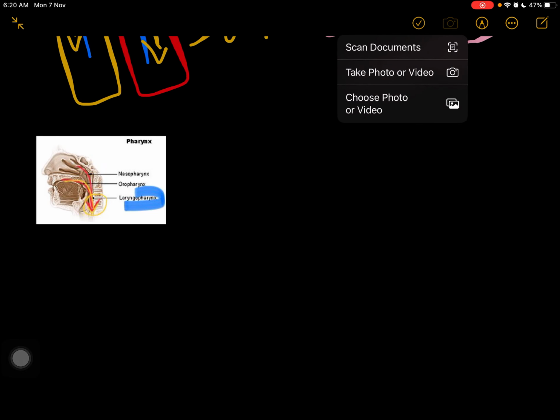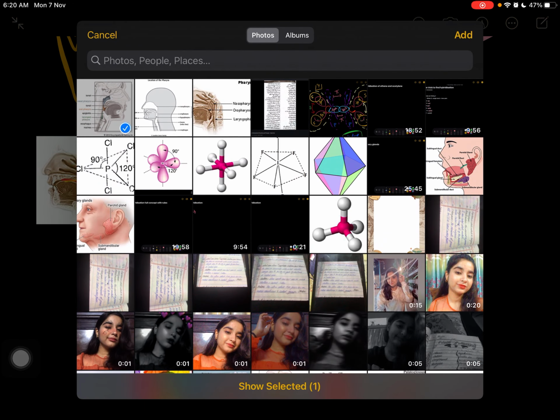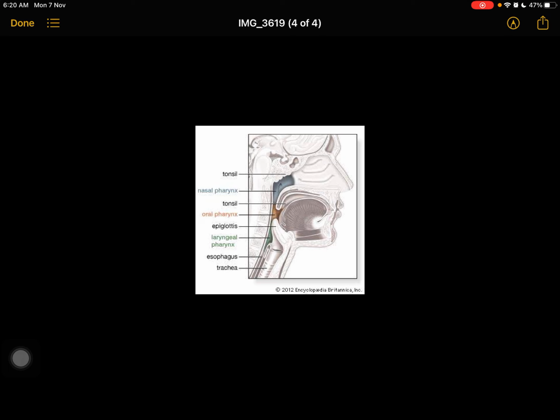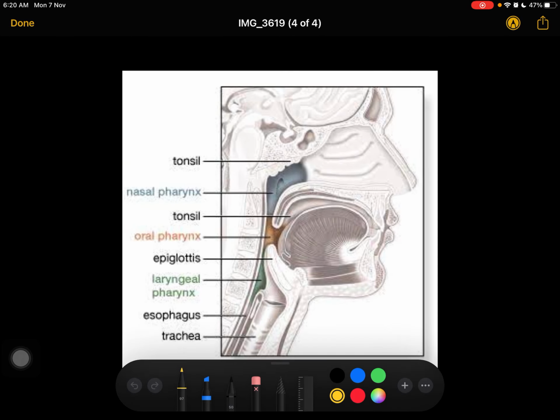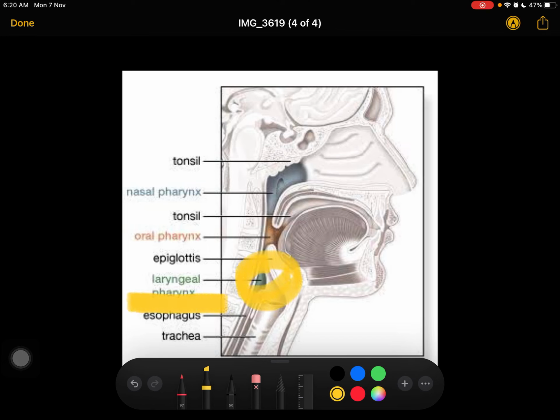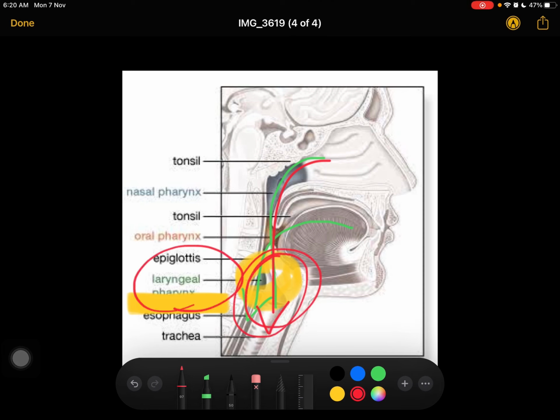Let me show you another diagram, which is more clear over here. This is known as your laryngeal pharynx or laryngopharynx. You can easily see that the food from this oral cavity and the air from this are coming over here and mixing over here.